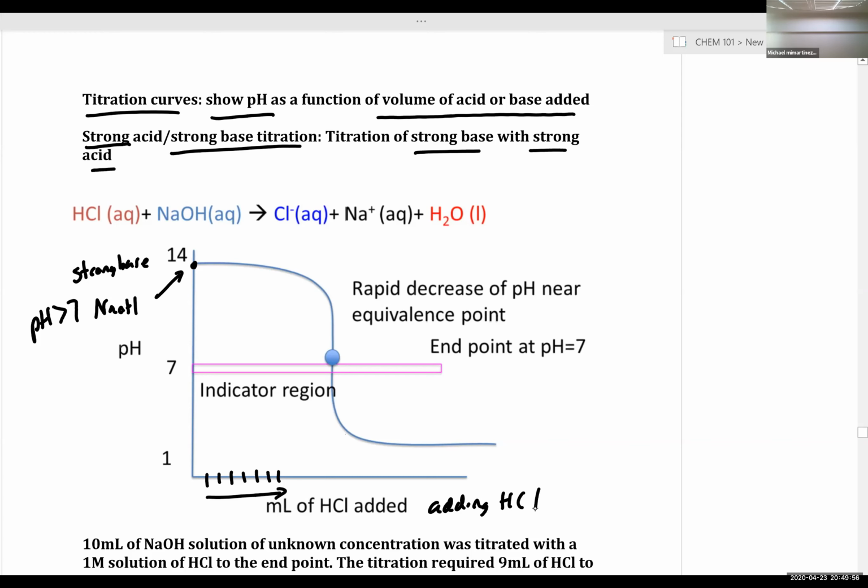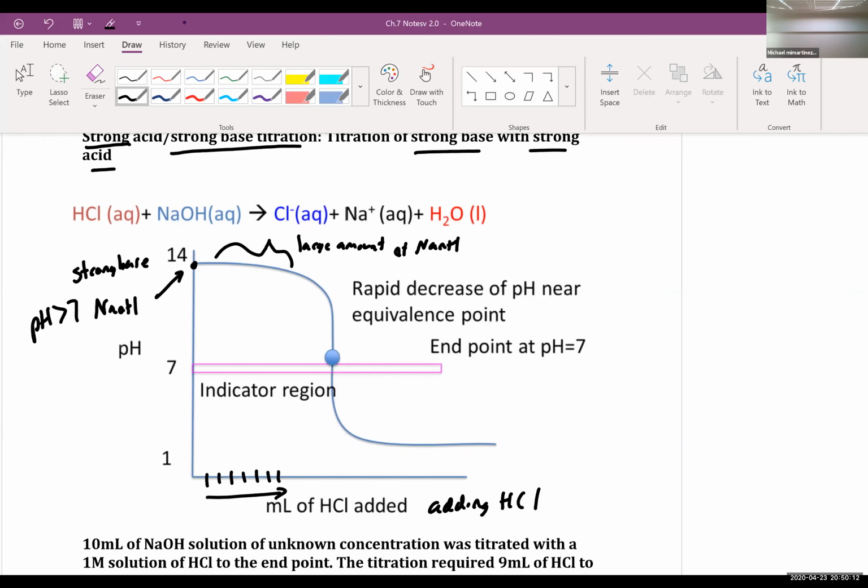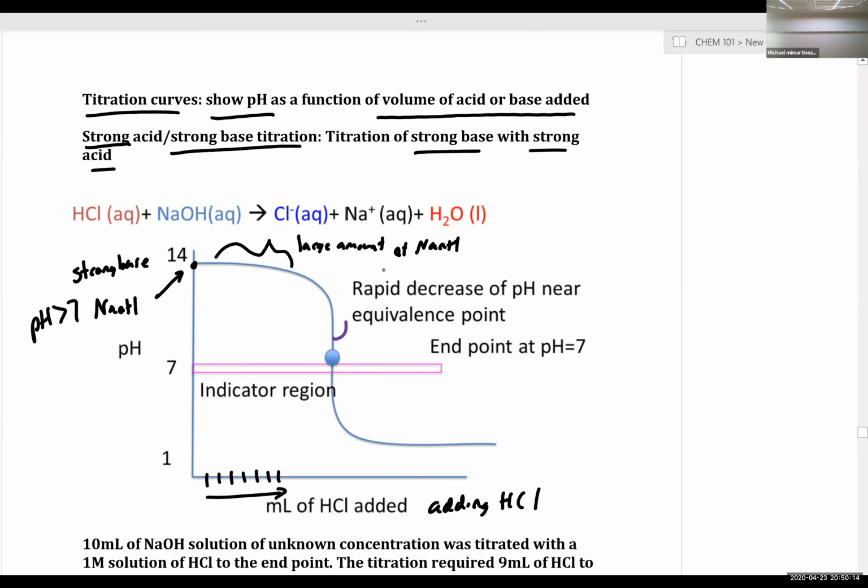As we add our hydrochloric acid, in this first part of the curve, we still have a large amount of sodium hydroxide. Now, as we get really close to the equivalence point, our concentration of sodium hydroxide drops and our pH in turn drops.